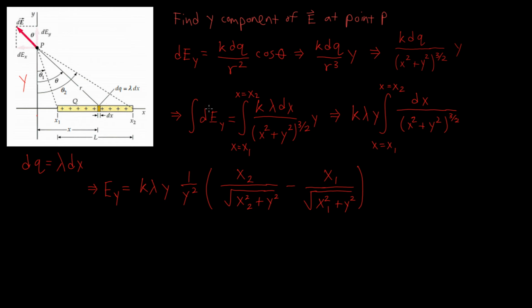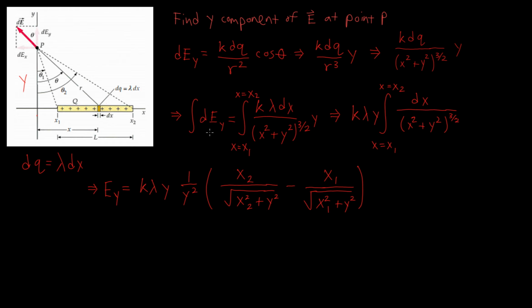If you take the integral of dE in the y direction, you're finding the electric field at point P in the y direction due to each of these small segments of charge, and each of these small segments has a length of dx.